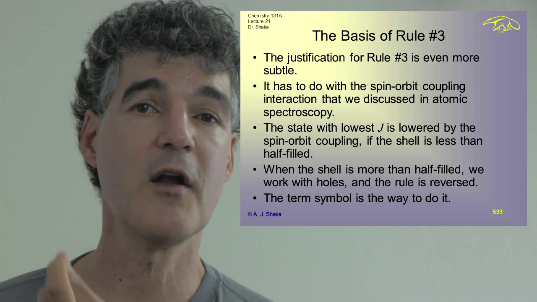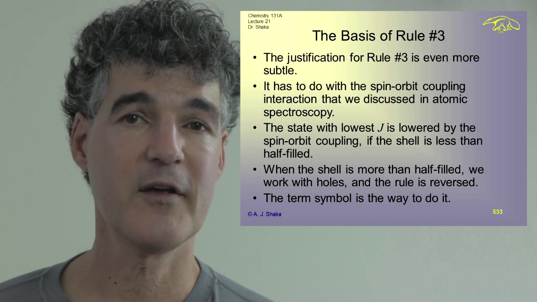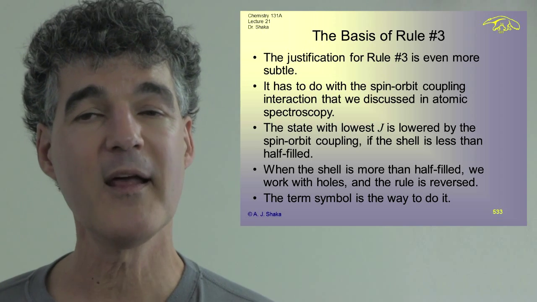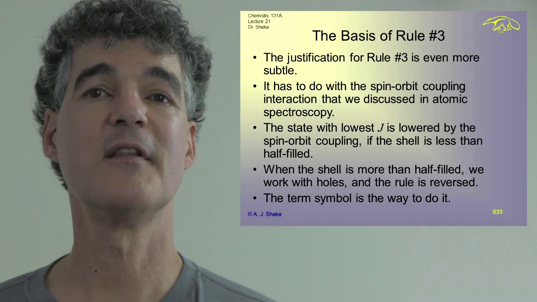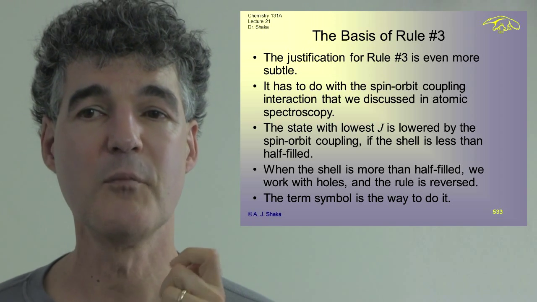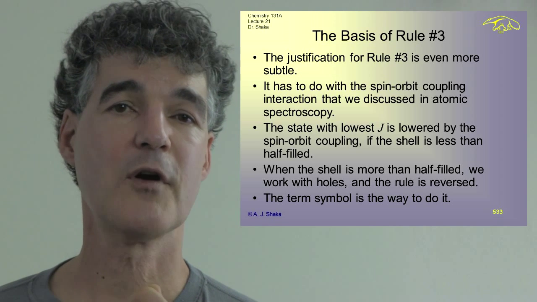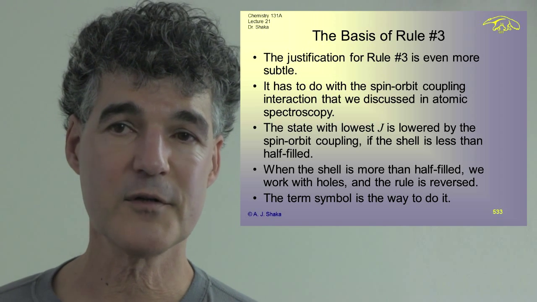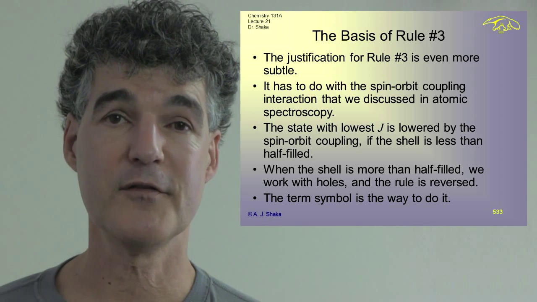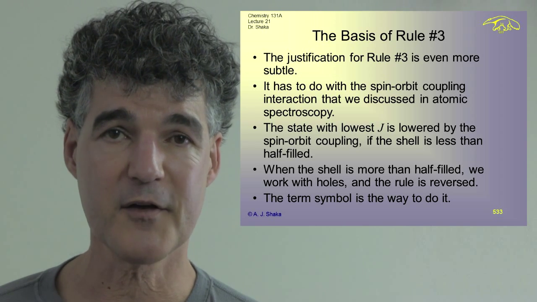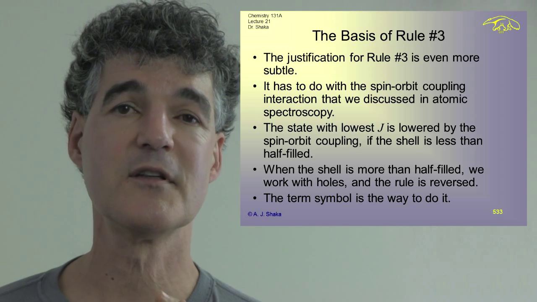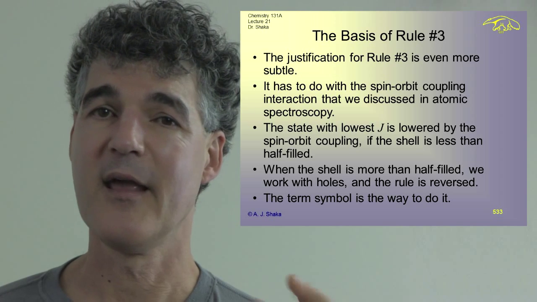You put in one hole, and you get the configurations for one hole. But since you're putting in a hole, that reverses the algebra on J. And so when the shell's more than half filled, you work with holes, and then the roles are reversed, and therefore you should go with the highest value of J rather than the lowest value of J. And the way to do it always is look at the term symbol.